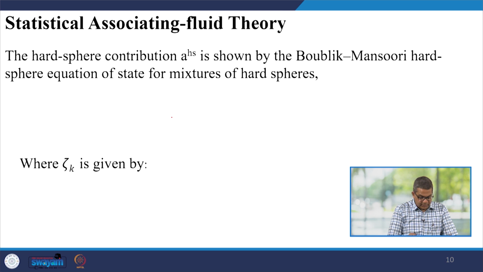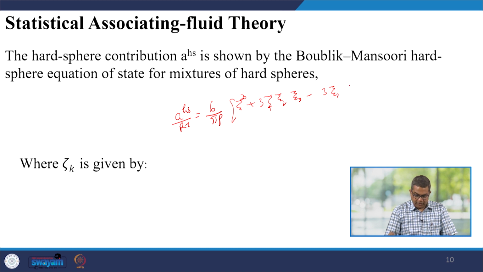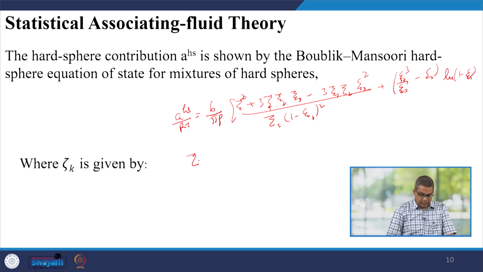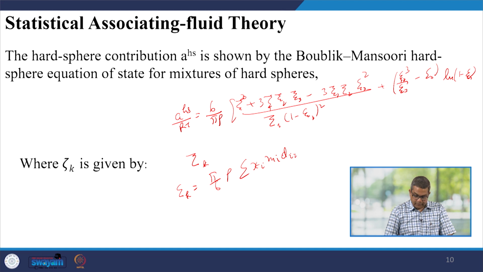Now, this can be represented as A HS over RT is equal to 6 over pi rho, in terms of zeta 0, 1, 2 and 3, where zeta k is equal to pi over 6 rho summation of x i m i d ii to the power k.